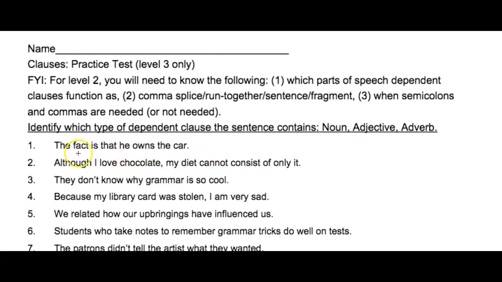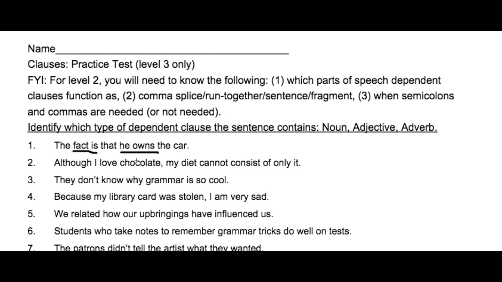To find a clause, you're going to look for subjects and verbs. So we're going to see the fact is, that's a subject and a verb. We're going to see he owns, subject and a verb. Then a dependent clause will always start with a connector word. That connector word is going to be a relative pronoun, like who, which, that, whoever, whom, words like that.